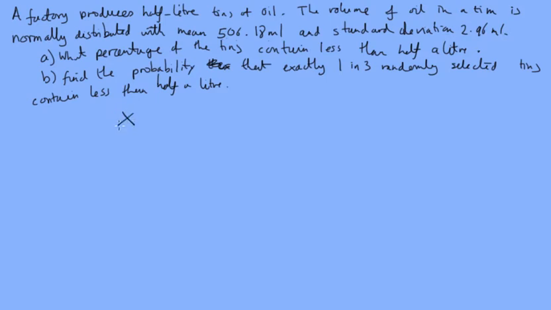So now X is a normal distribution with mean 506.18. Now, this is where you need to be careful. This is standard deviation, not variance. So the variance is 2.96 squared. Sometimes they might give you the variance, sometimes they might give you the standard deviation.